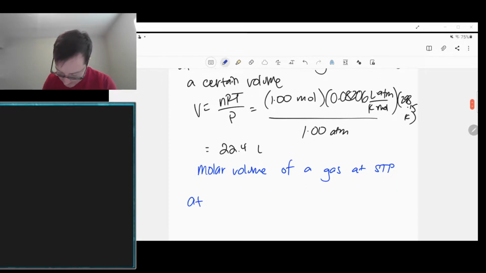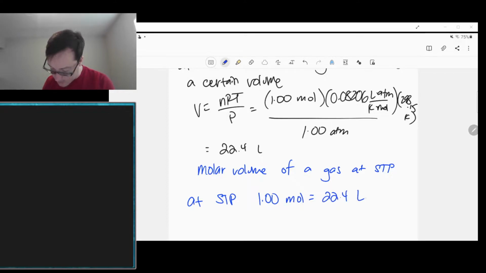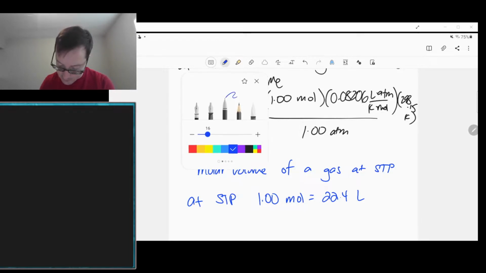So at STP, 1 mole equals 22.4 liters. That's a conversion factor. So we can use this in calculations of things if we want to talk about volumes of gas.